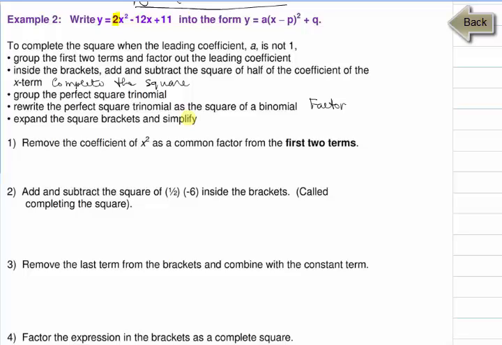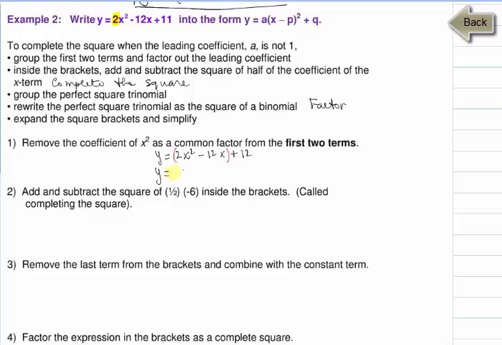Okay, so the first thing that we want to do is take our equation in standard form. We want to group the first two terms, and we want to remove the coefficient which is on the x squared term.